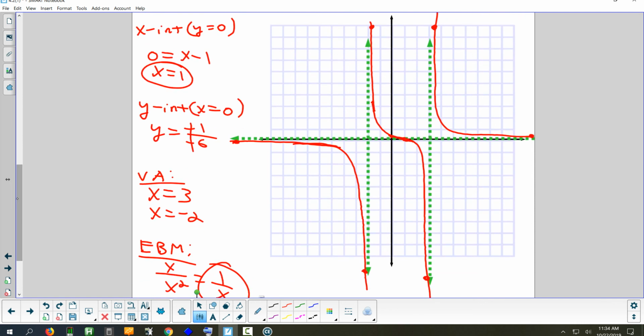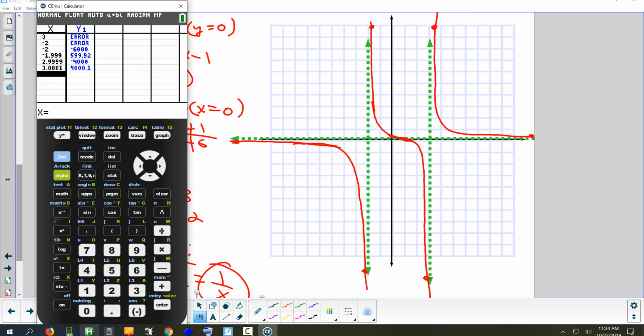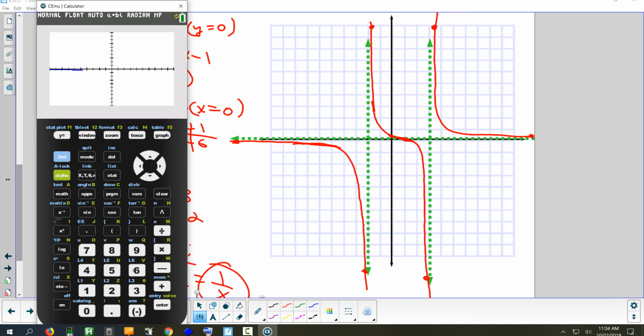And that's a pretty typical pattern for these kinds of problems. So let's hit graph and see how we get. Not bad. Pretty good. It's a little flatter in the middle than I think I drew it, but that's fine.